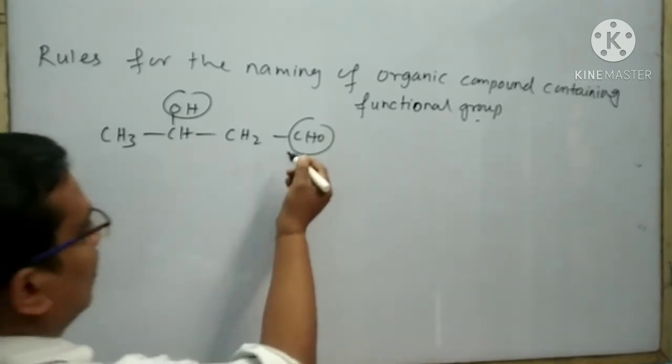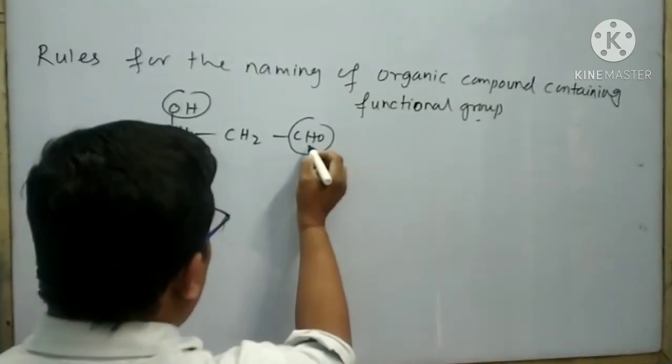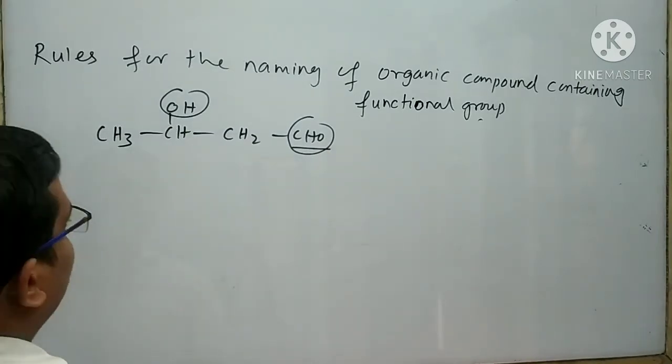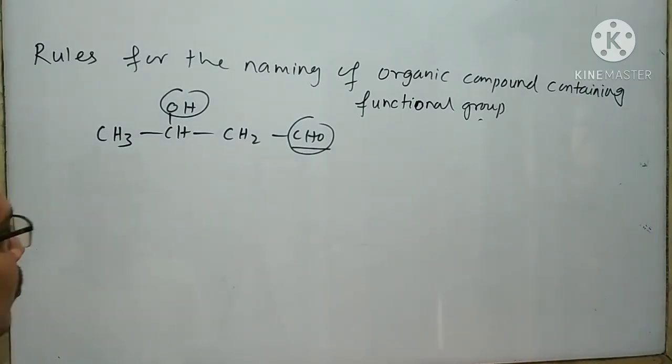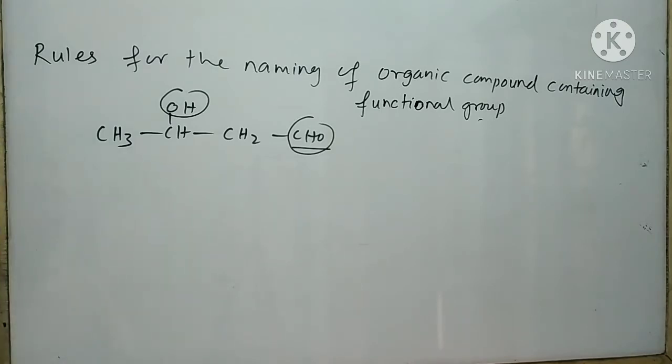That means in the naming of this organic compound, -CHO is used for the suffix, and on the other hand -OH is used for the prefix, because -CHO is at the top of the seniority table and -OH is present below the -CHO functional group.